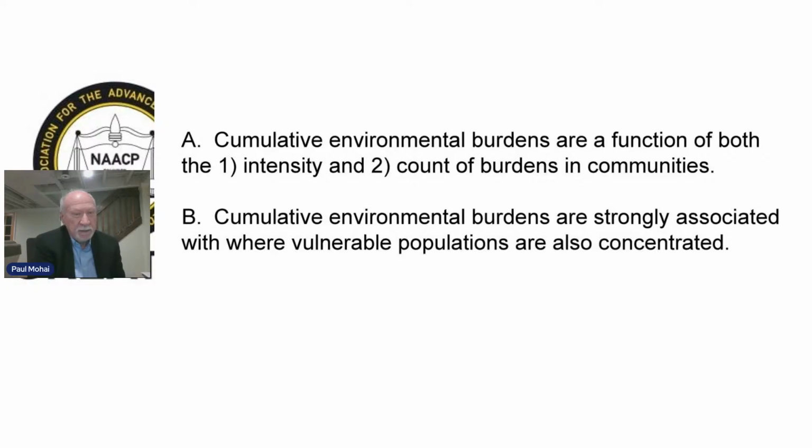And what we did was, when we were thinking about the concentration of multiple environmental burdens, we thought that there has to be at least two things that are affecting the concentration of environmental burdens in communities. One is the magnitude or intensity of individual burdens, and then the number or count of burdens that reach and exceed some specified threshold.